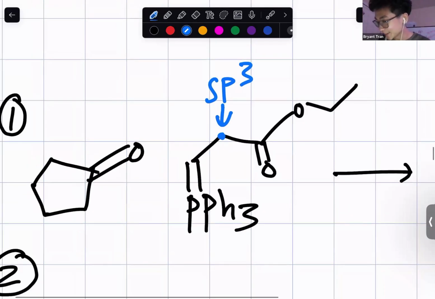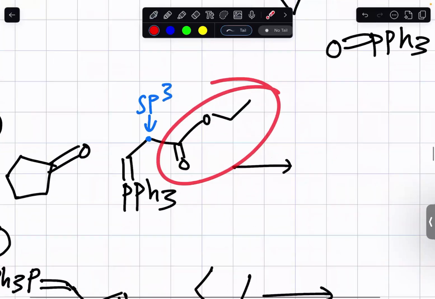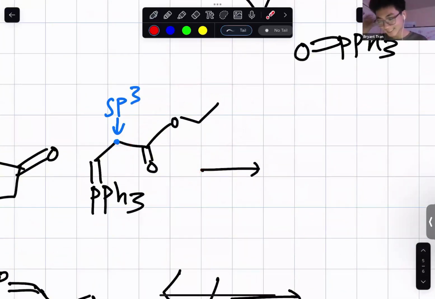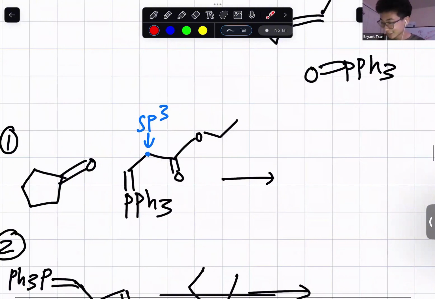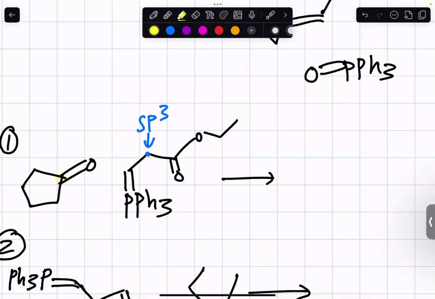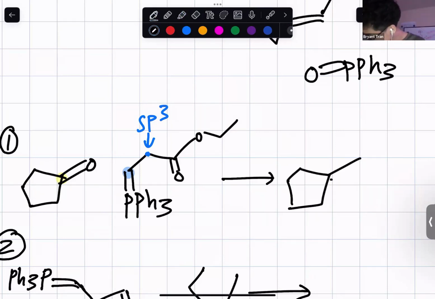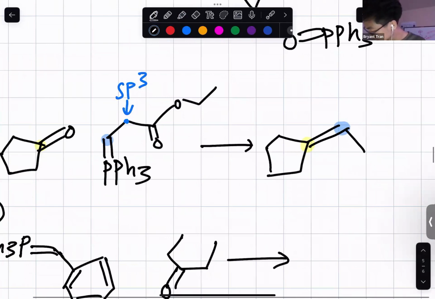Yeah, that legit might be a trick question. It looks tricky, but it's not stabilized. It can't do resonance, right? So I should have drawn it the other way, where the ring should have been on the same side as it. Right. Double bond, yellow, blue. Now it's gonna be on the same side. CH2, ester.